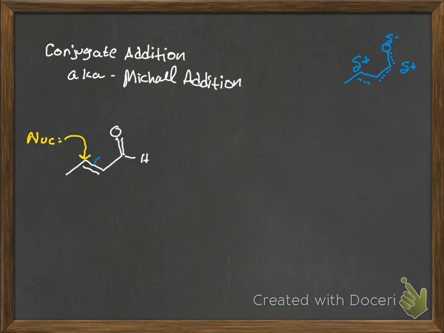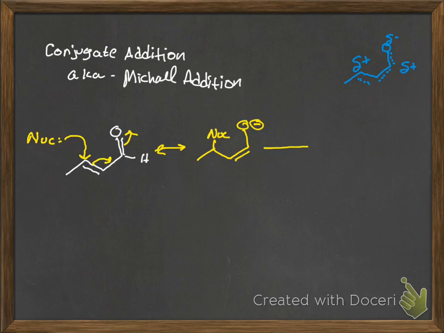The pi bond breaks. It swings over here. Pi bond breaks, swings over there, and then breaks open the carbon-oxygen pi bond. So our next step is this. The nucleophile has added, and we have our negative charge on the oxygen now.